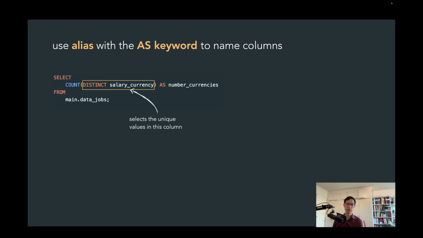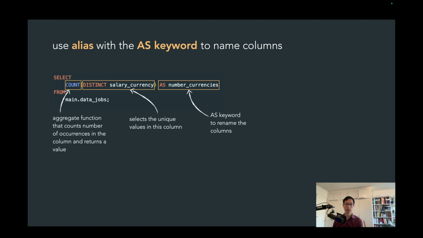So select the unique values in this column, this is how distinct works. And count is an aggregate function that counts the number of occurrences in the column and returns a value. And here we use the as to rename the column.